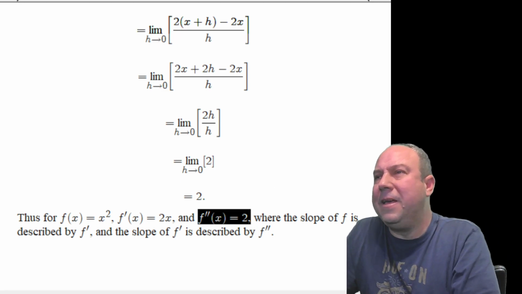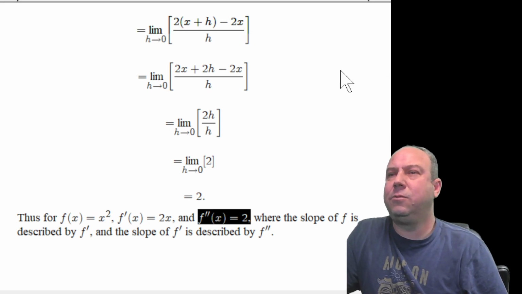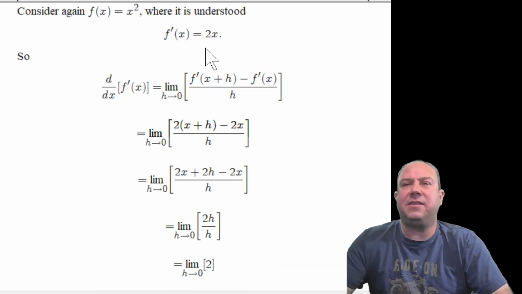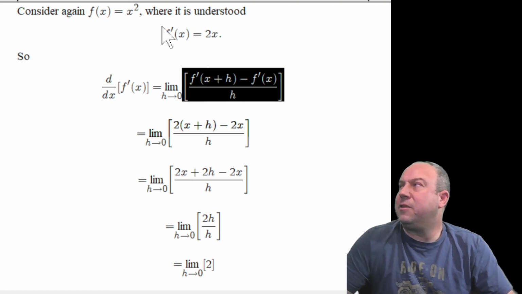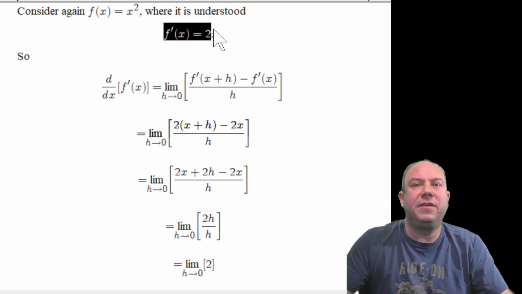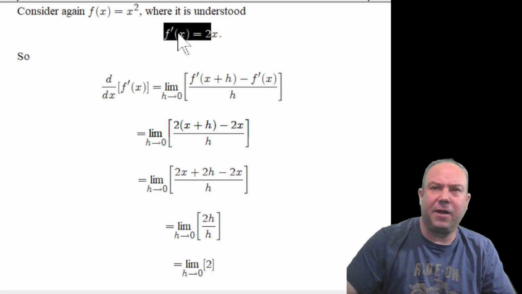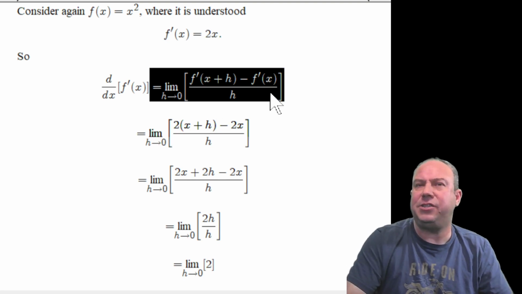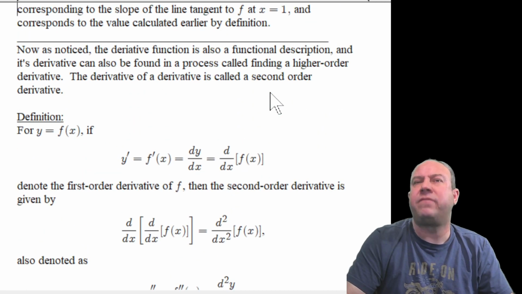All right? This is higher order derivatives, folks. We can apply this definition to the derivative function itself and find a higher order derivative. And this operation, this limit calculation, by definition, is what's known as the derivative of a function calculation.